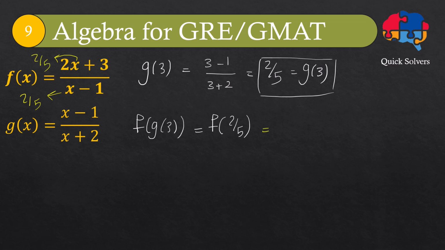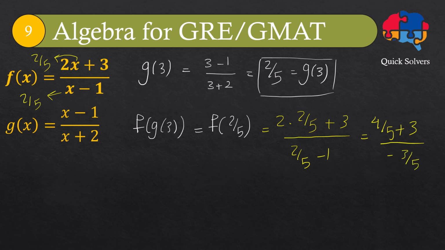So we have (2 times 2 over 5 plus 3) over (2 over 5 minus 1). And this equals (4 over 5 plus 3) over (minus 3 over 5).